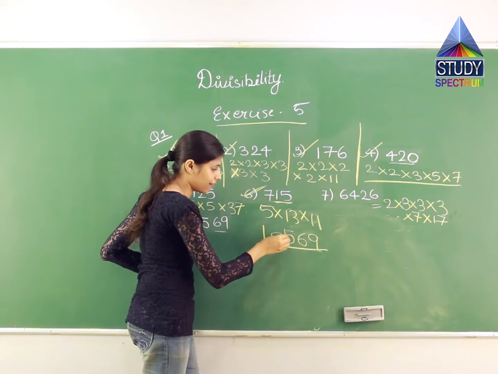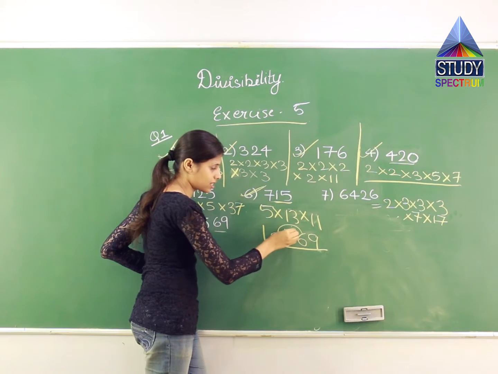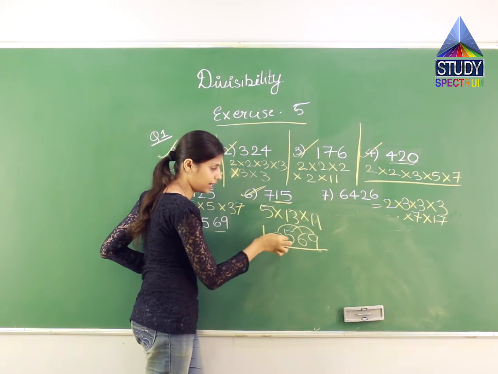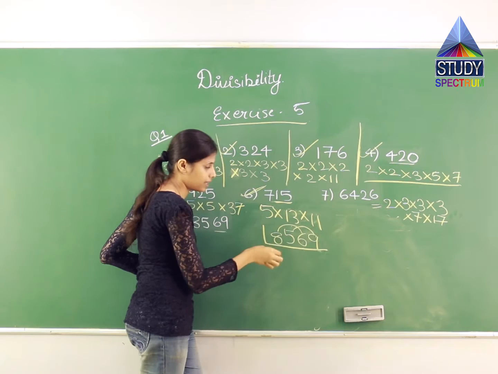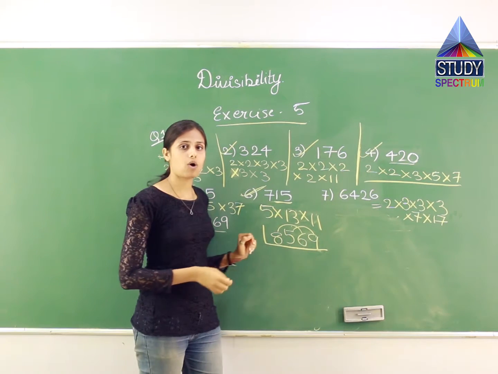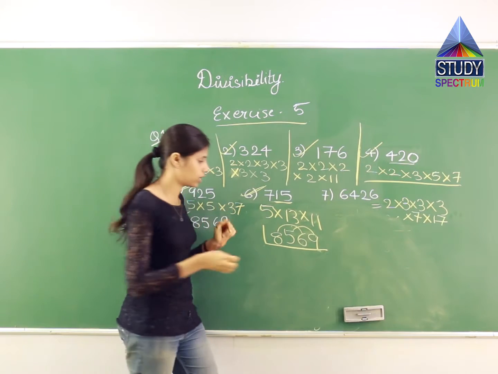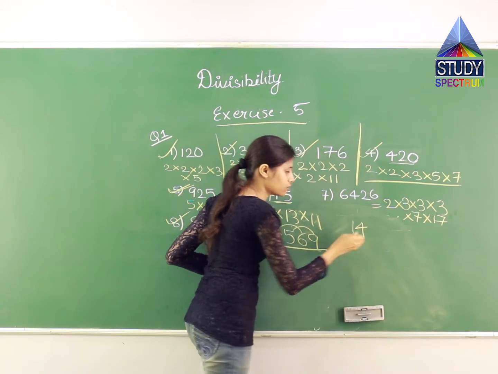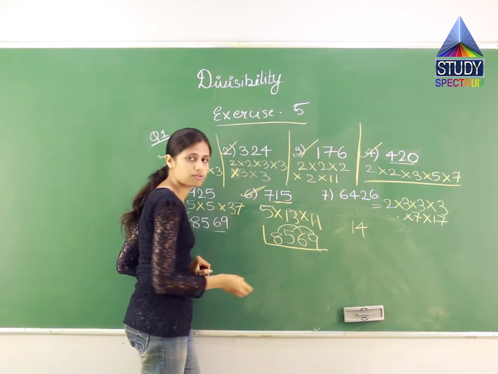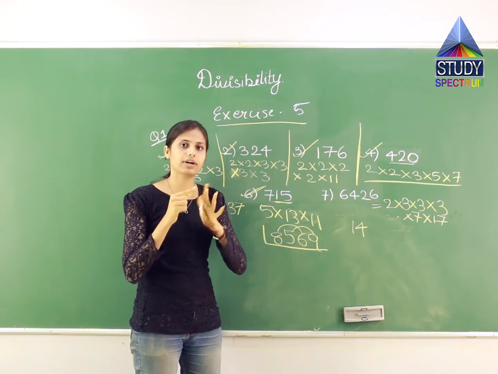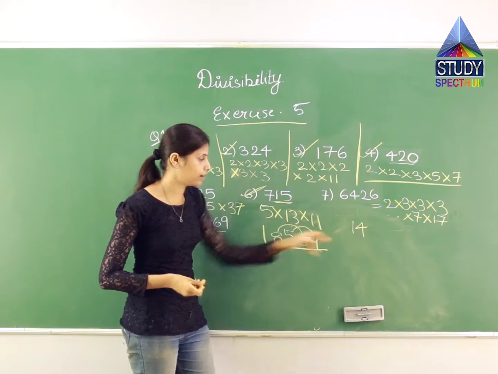Let us check by 11. So these are alternate numbers, right? 6 and 8, 5 and 9. Let us add them. 6 plus 8 gives me 14. And 9 plus 5 gives me 14.